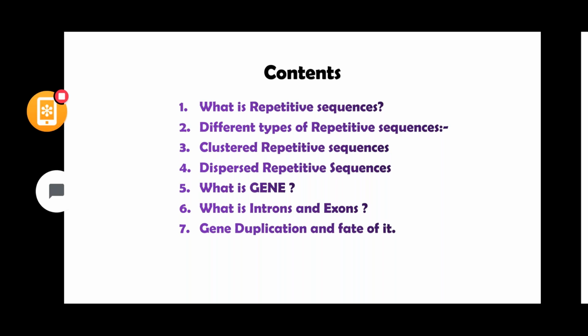Clustered repetitive sequences include satellite DNA, minisatellite, and microsatellite repetitive sequences, and dispersed repetitive sequences are moderately repetitive sequences, or you can say moderately renatured DNA sequences, which are usually transposon molecules. So we will go through these dispersed repetitive sequences in eukaryotes, and what is gene.